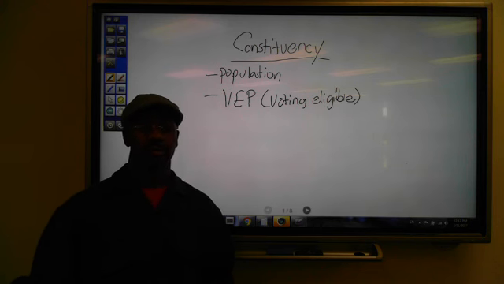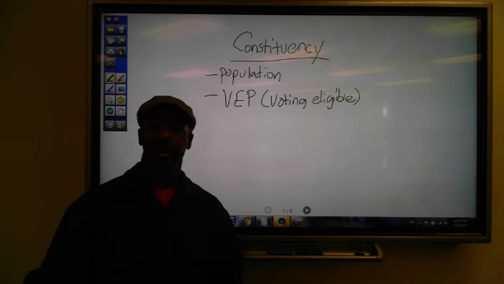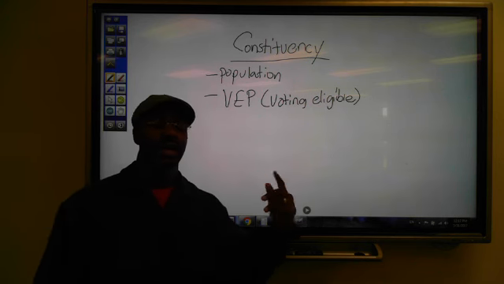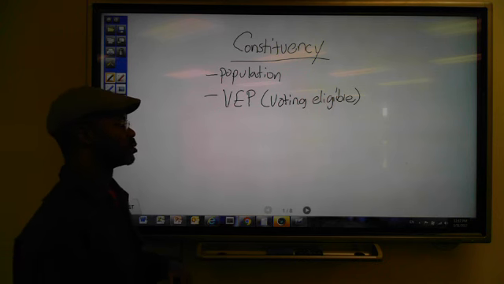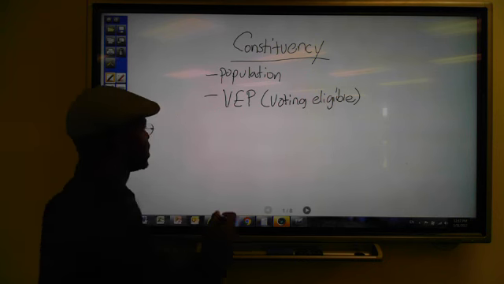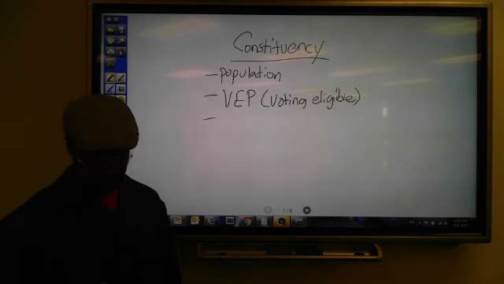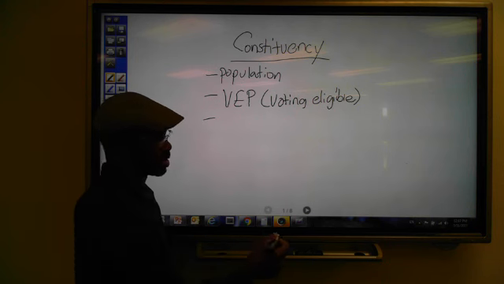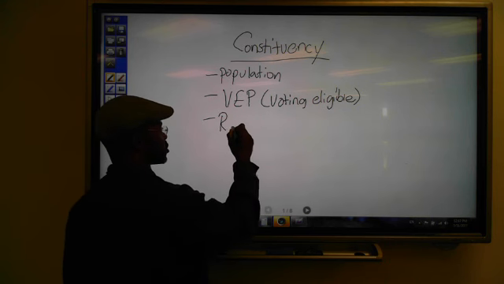They may have had their right to vote revoked by having a felony offense, things like that. So we strip it down to voting eligible population, which is almost always equal to, or a little bit less than, the voting age population. All right? Beyond that, and these are the numbers that really start to matter especially for an elected official, registered voters.